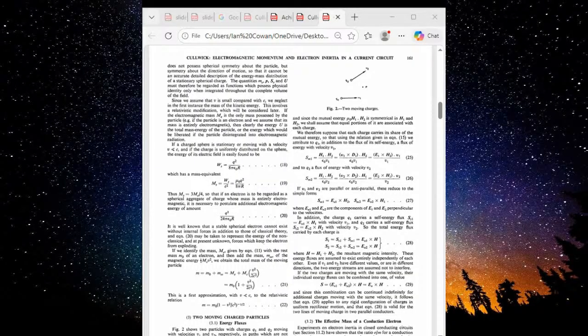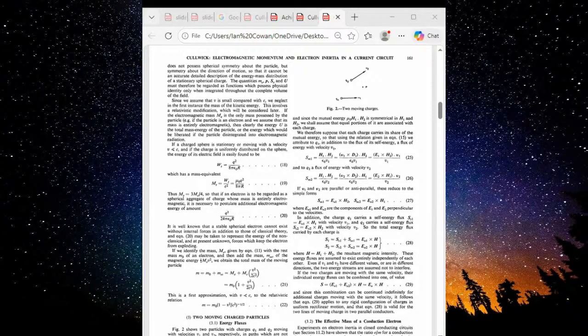and it gives a formula, which is the mass equivalent he divides by C squared. Plus, M sub G is equal to 3/4 M sub E. So that if an electron is to be regarded as a spherical aggregate of charge, whose mass is entirely electromagnetic, it is necessary to postulate additional electromagnetic energy, and he gives some formula.